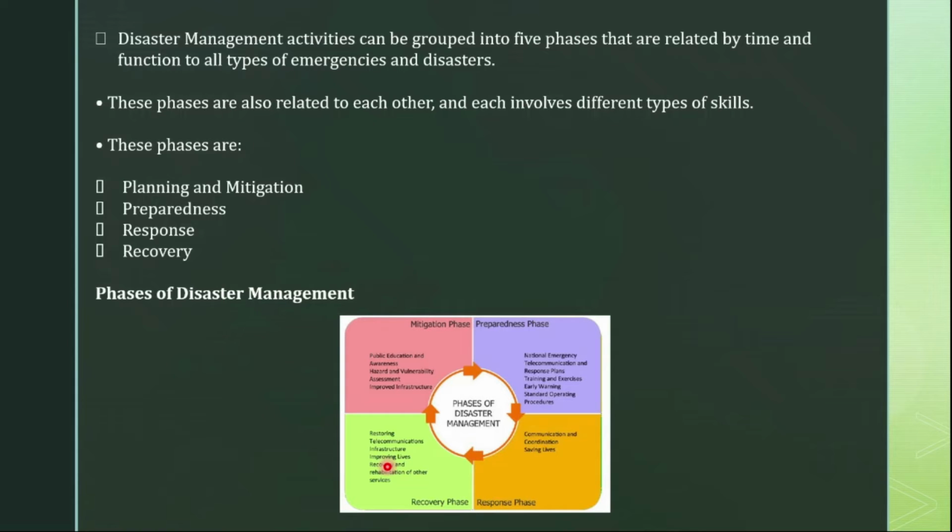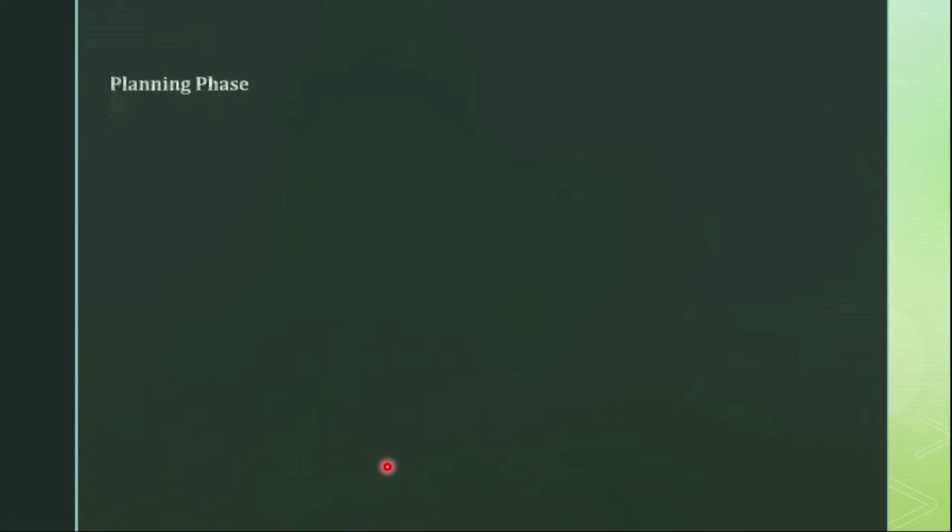These phases are also relatable to each other. You have to learn it one by one: the planning and mitigation, what is the preparedness, what is the response phase, what is the recovery phase. So first of all, we learn about the planning phase.